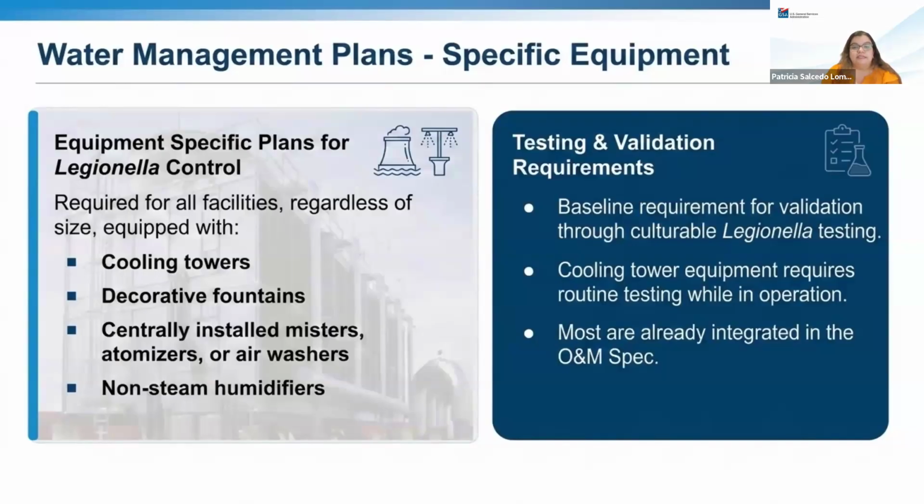They do include testing and validation requirements. There is a baseline requirement for validation through culturable Legionella testing. Cooling tower equipment requires routine testing as well while the cooling towers are in operation. Most are already integrated into our operations and maintenance specifications.